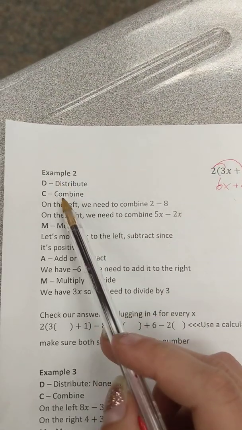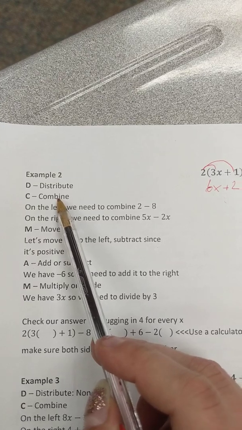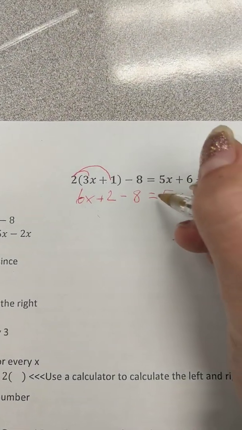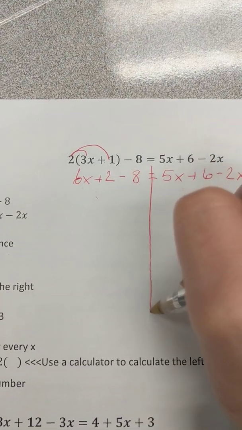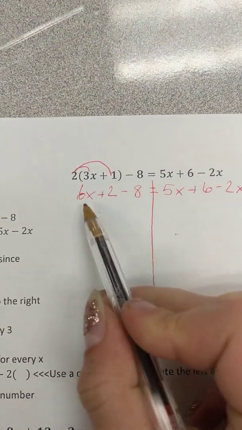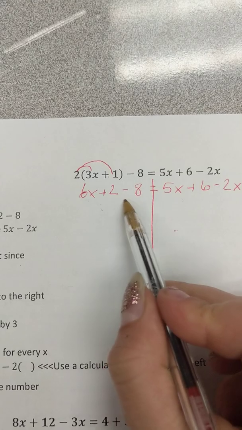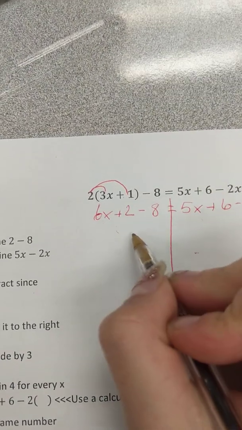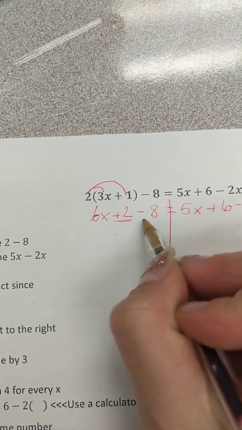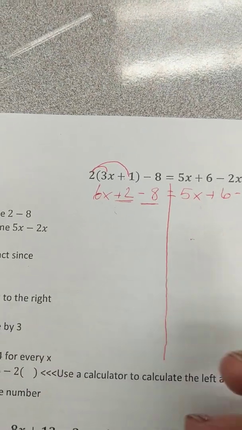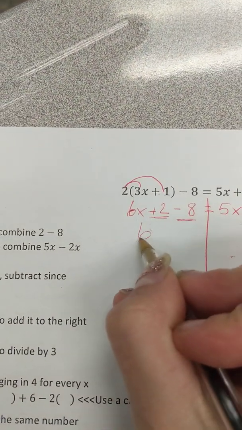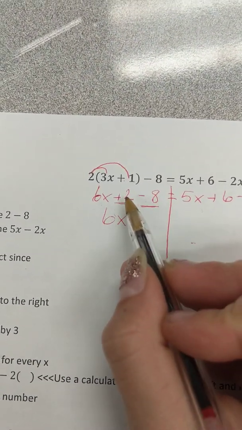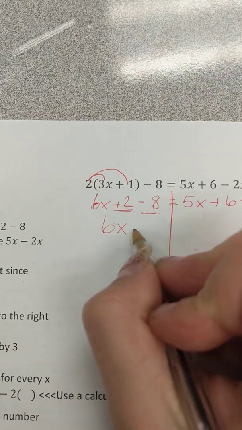After distributing, it says combine. Remember, we're combining like terms on the same side of our equal sign. So maybe we should draw on our line. I'm going to look here on my left side, look for like terms. 6x plus 2 minus 8. Plus 2 and minus 8 are like terms. So I have 6x plus 2 minus 8, or 2 minus 8 is -6.